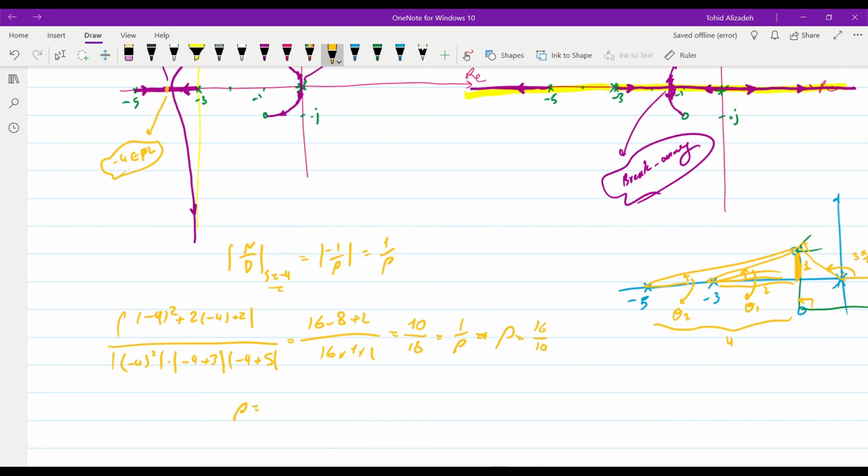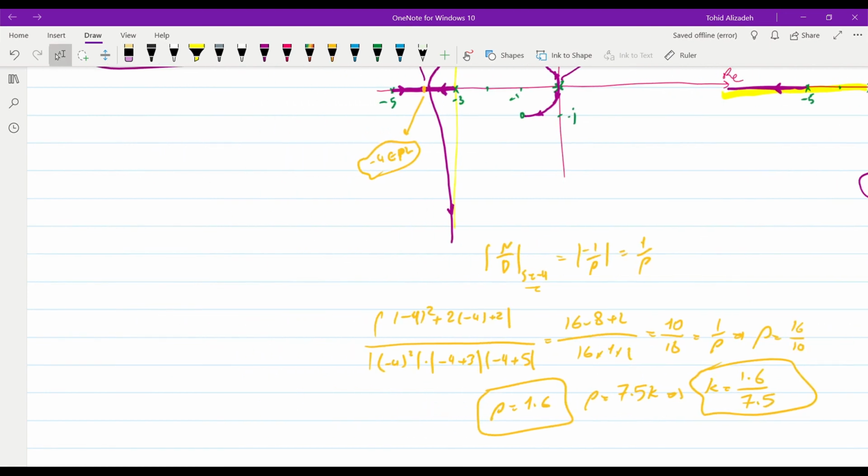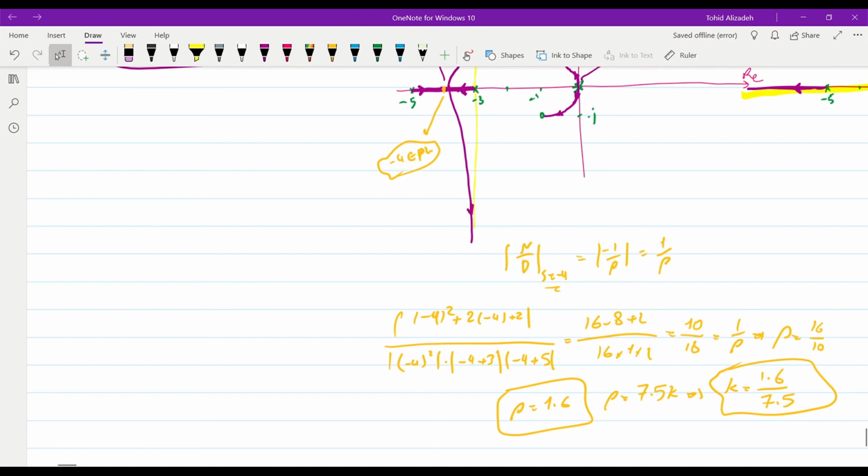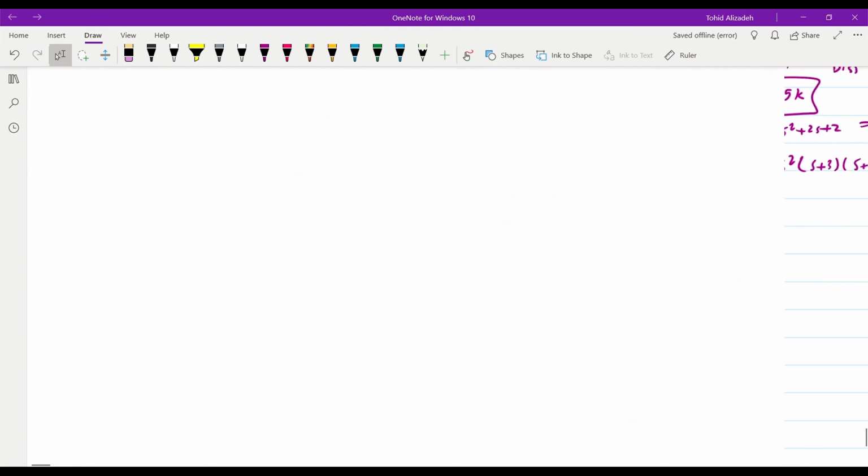We will get rho equal to 1.6, and we know that rho is equal to 7.5 times k, so k will be equal to 1.6 over 7.5. With that value of k, one of the closed-loop poles of the system will be located at -4.